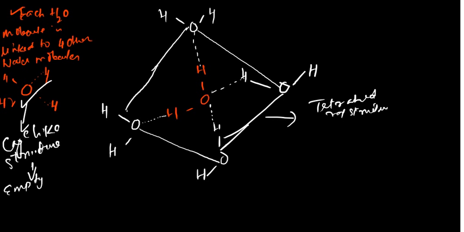Due to the presence of this empty space, the volume is increased and density is decreased. And due to this kind of structure, where one water molecule is connected to 4 other water molecules, we say that the boiling point of water is higher than that of hydrogen fluoride, right?